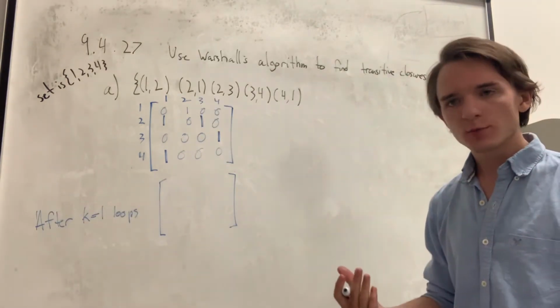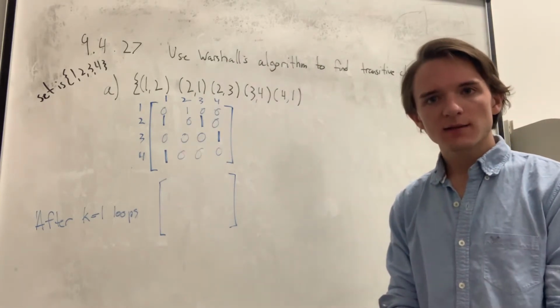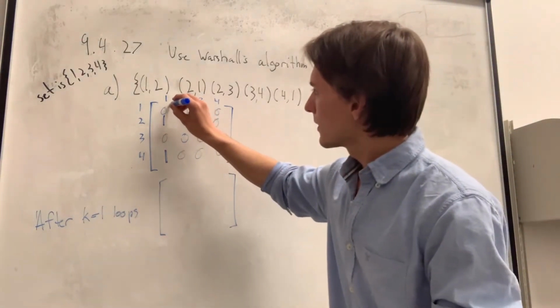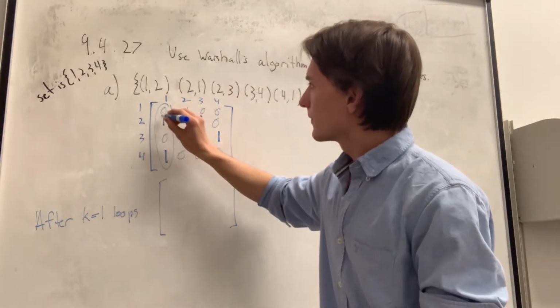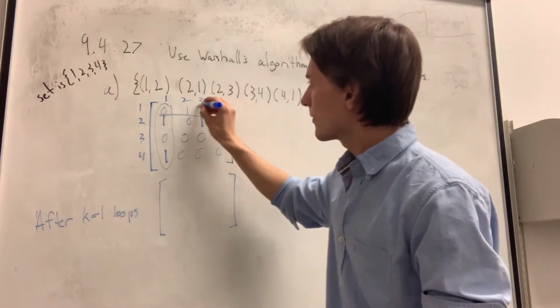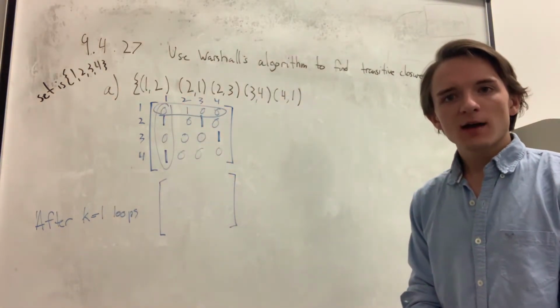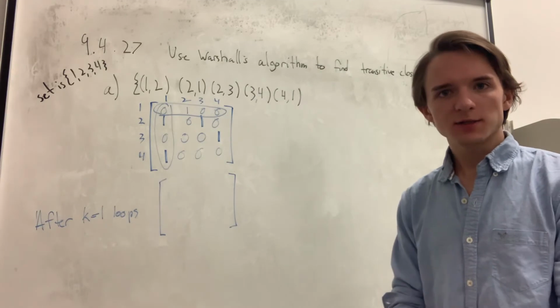Well, on the first loop, we compare the first column and the second column. So looking at the first column and looking at the first row, we're going to look for every time two 1s intersect.